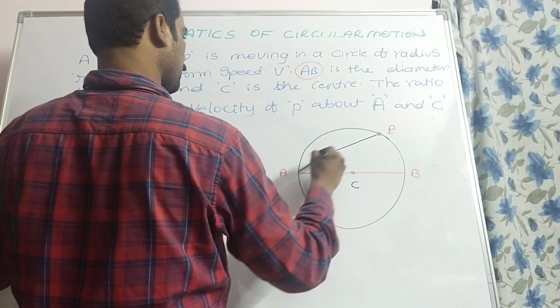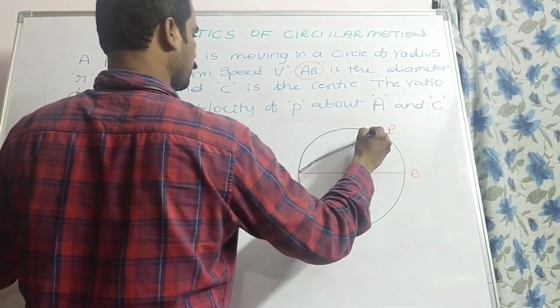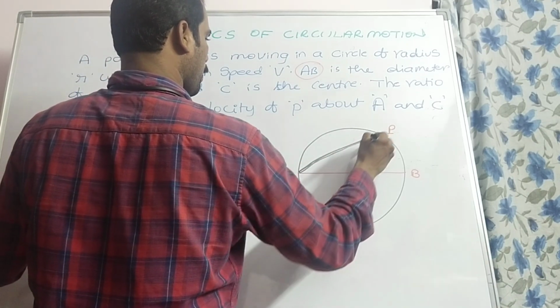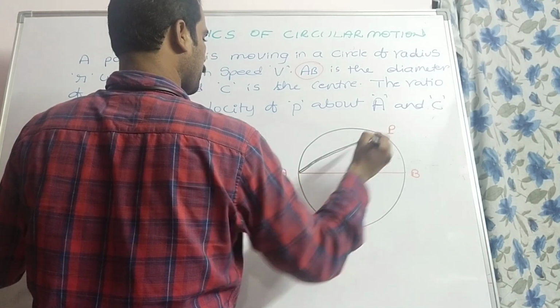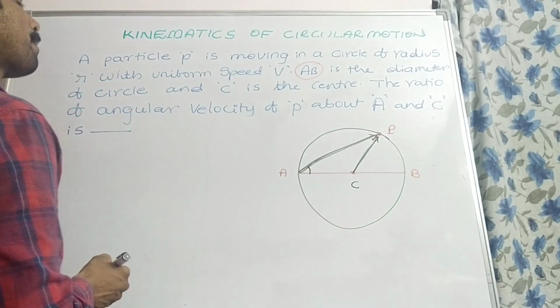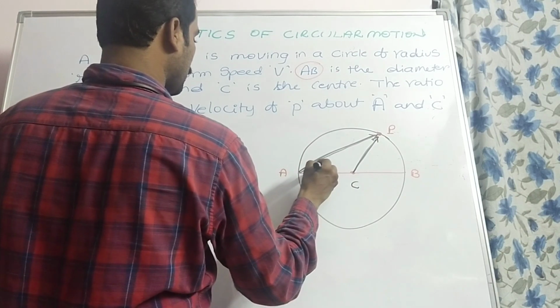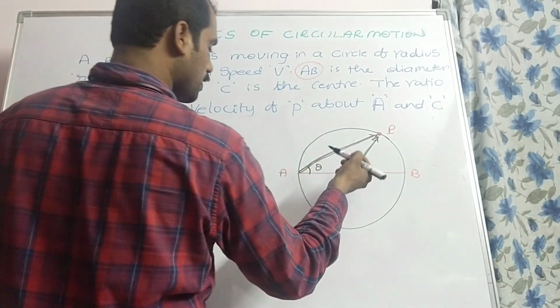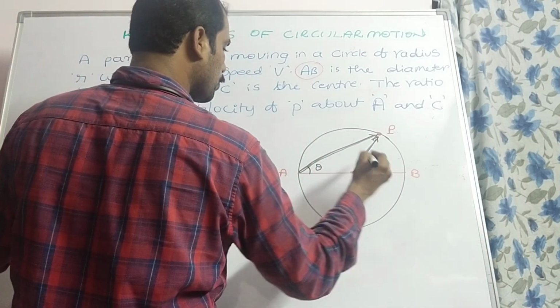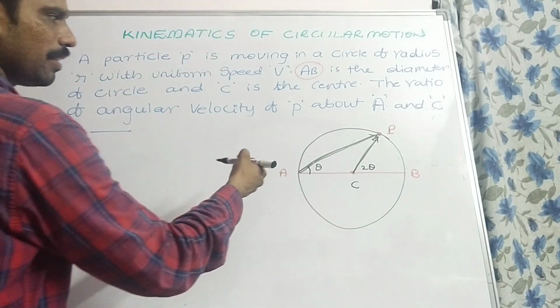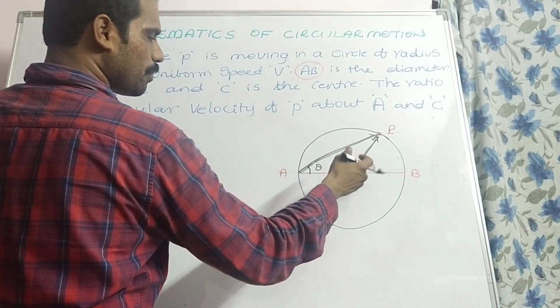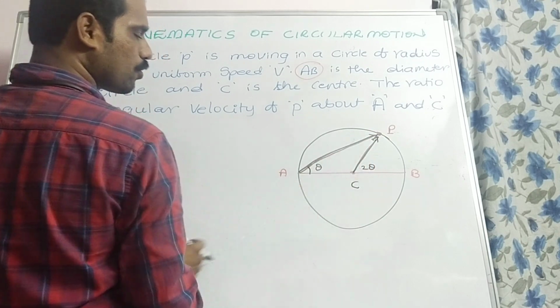Now let us consider PC, say this makes a certain angle theta. Then the angle at A will be theta, and at the center it will be 2 theta. Why? Because of the radius, the complete diameter is double the radius, so at C there is 2 theta.